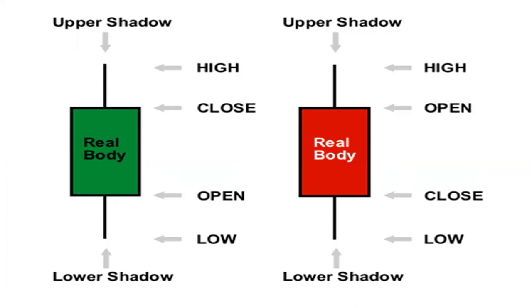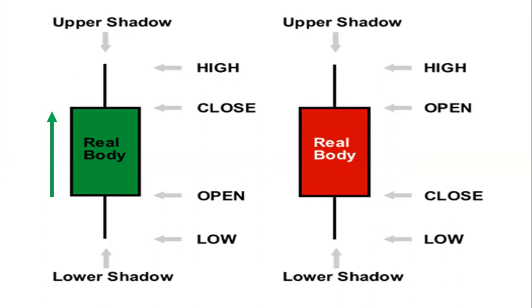All right. The first and easiest by eye: if I look at the colors and I see a green color, to me this represents that price has been rising, and that price has actually closed above the open.